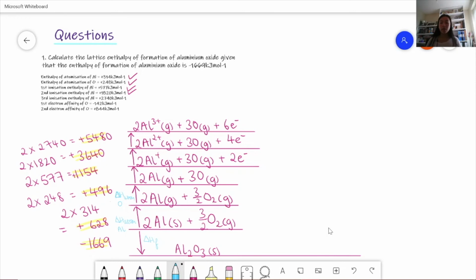And then this one would be the delta H of ionization energy. And this one would be the delta H of ionization energy of this aluminium. And then we have the delta H ionization energy, we can put second, of the aluminium. And then this would be the third.